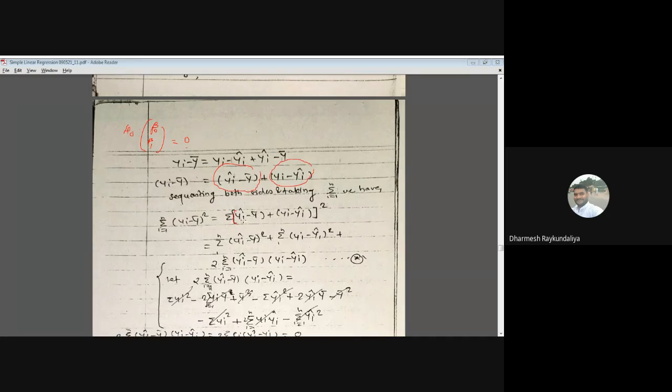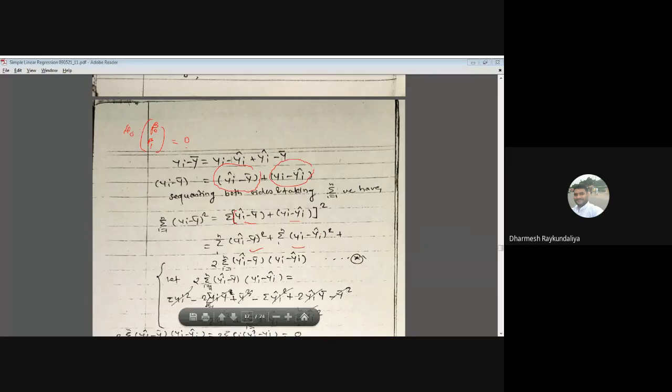Let us say this is a and this is b, so it is a plus b whole square, that is a square plus b square plus twice ab. So we can write the summation of yi cap minus y bar square plus the summation of yi minus yi cap square plus twice the summation of yi cap minus y bar into yi minus yi cap.